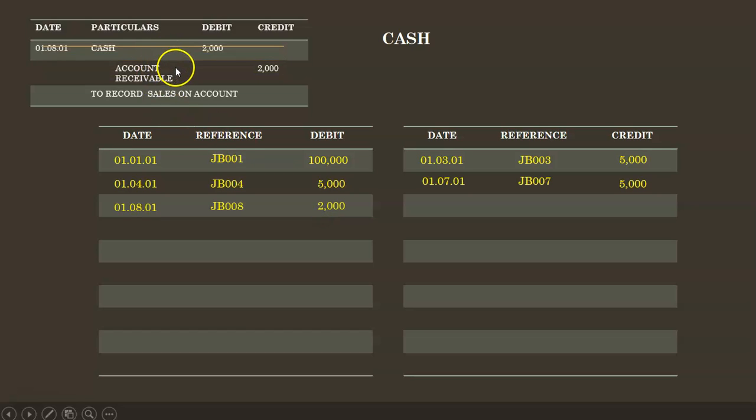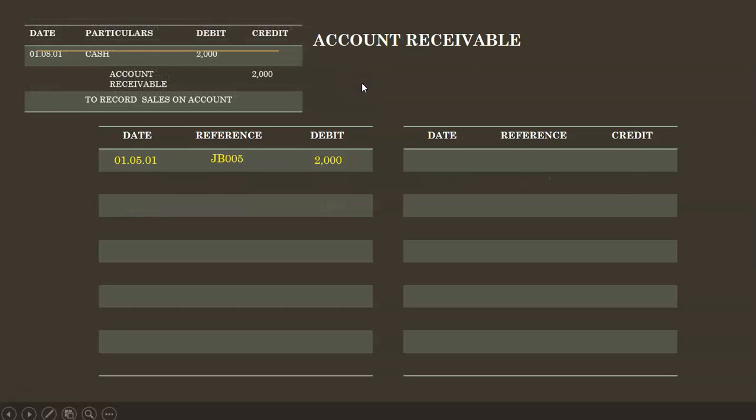So we can now move on to the accounts receivable page. We need to put the credit because in our journal entry it is credited. So, journal book entry number 8, 2,000 pesos. That was quick, right? It is like we are just playing. Okay. So, cross out again.